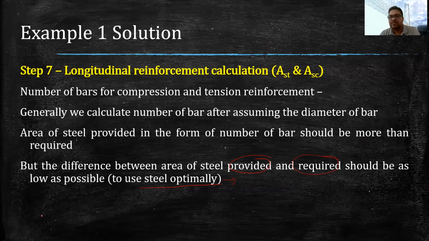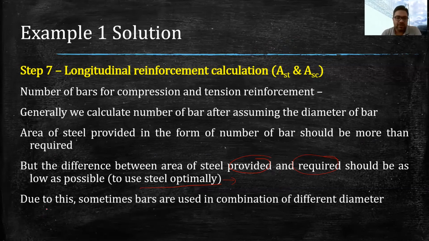Otherwise we will be providing more area of steel than required, which means our element will not be economical. It may be a little more costly. So to avoid that, we also need to check that the difference between area provided and required is not large. I will explain this when I will be calculating the number of bars.